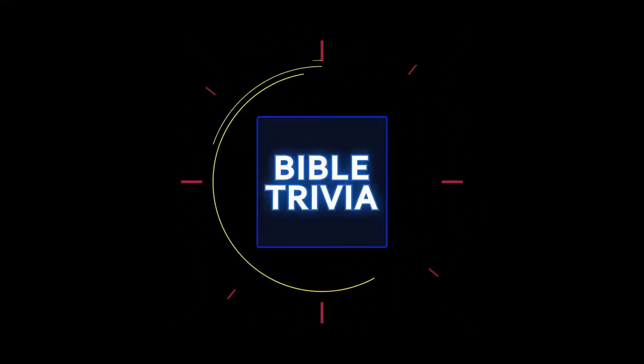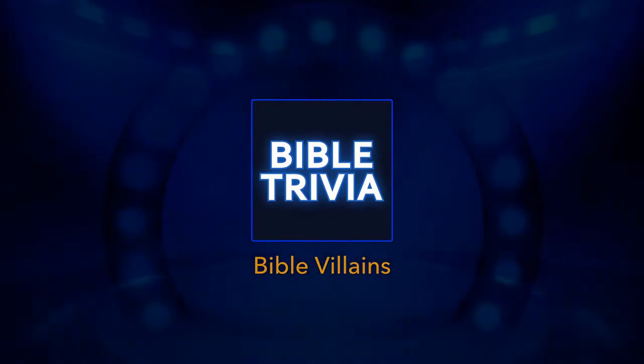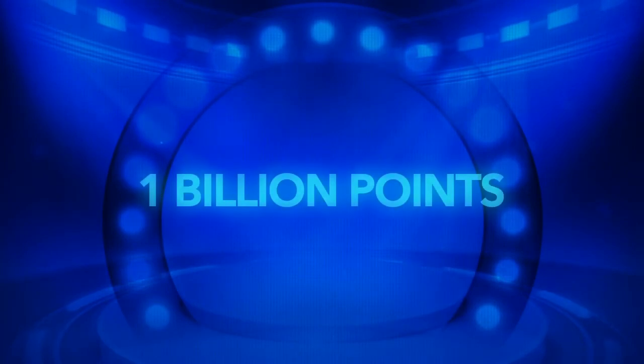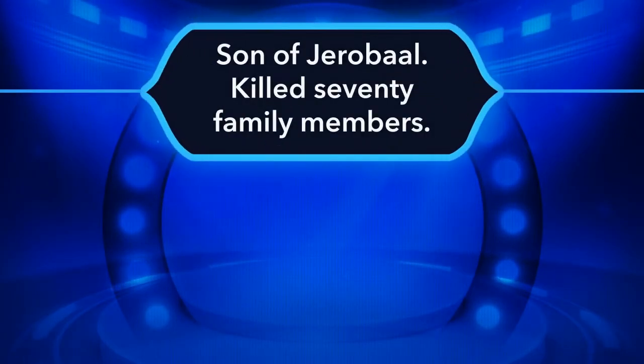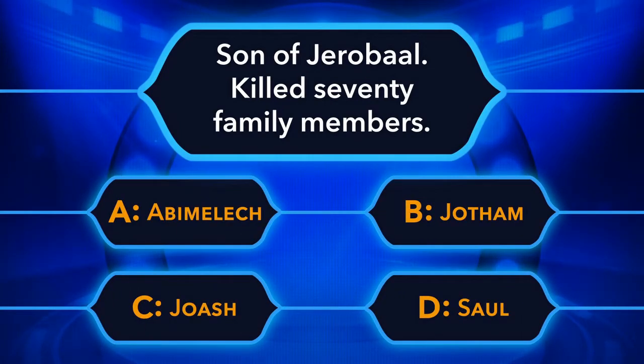Enjoy this trivia. Welcome to Bible Trivia. This time, we'll be asking questions about Bible villains. The first question for 1 billion points. This person was the son of Jerubbaal. He killed 70 family members.